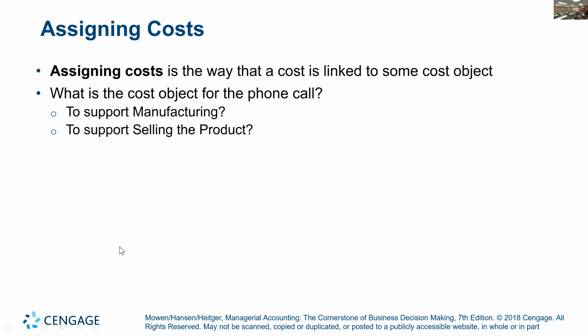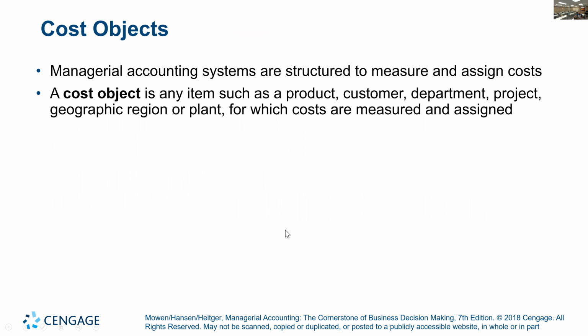And we're going to assign costs, which is the way we're going to link a cost to a cost object. What is a cost object? It's any item that we can assign costs to. For the most part, in this class, we're going to assign costs to a product that we're manufacturing. In the real world, maybe you're going to be an accountant for a car dealership, and they want to know how much it costs us per sale of a car.